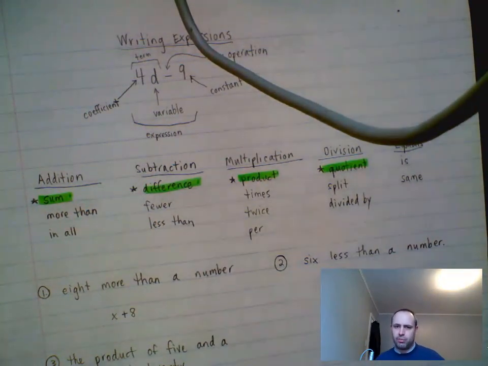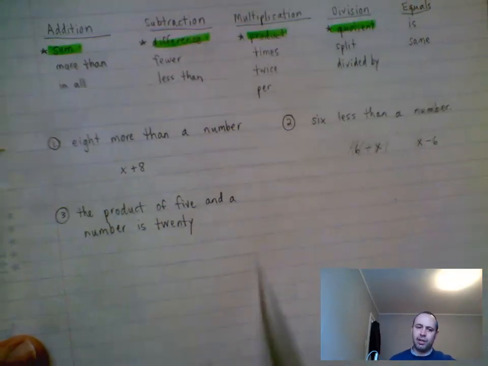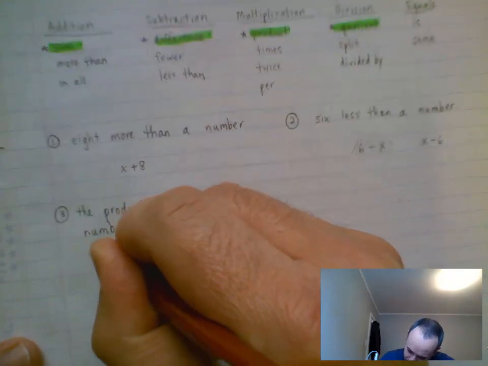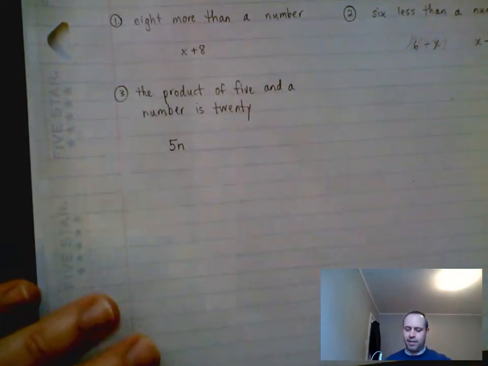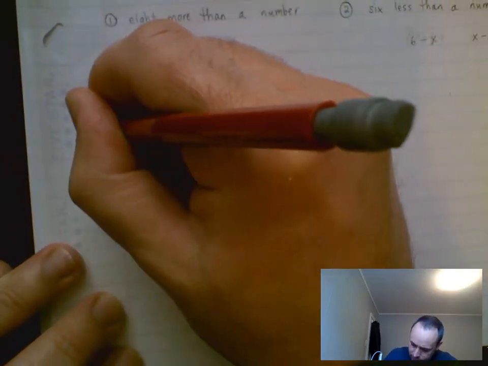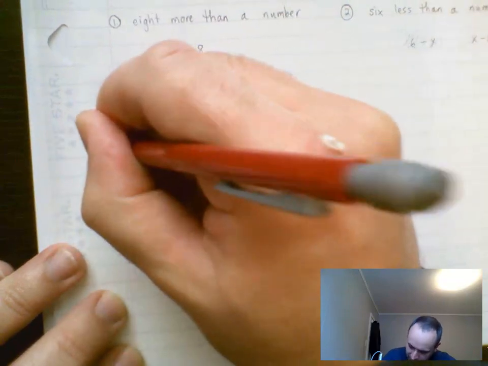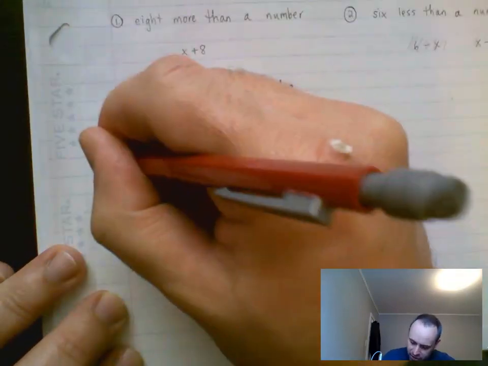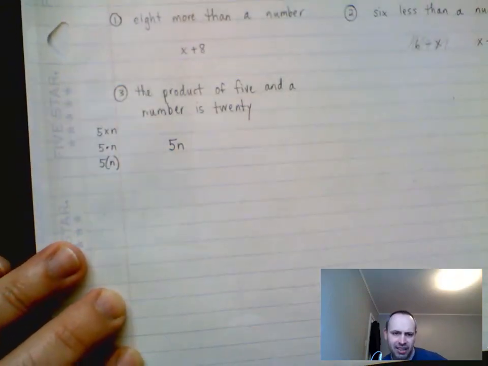All right. So multiplication, the word product means to multiply. So when I say the product of 5 and a number, then we mean 5n, or in elementary it was 5 times n, and then you started getting taught 5 dot n, right? And then some teachers, and on my previous assignments, I've written it like this, 5 parentheses n.